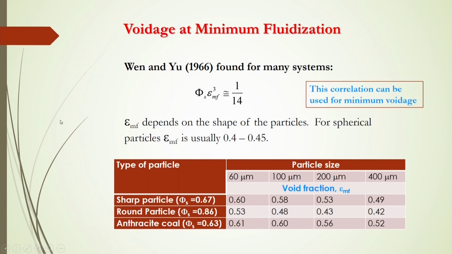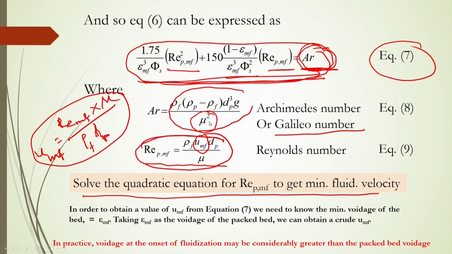And what should be the voidage at minimum fluidization? Of course, to get the minimum fluidization velocity, you have to know the minimum porosity, which is represented by epsilon mf.